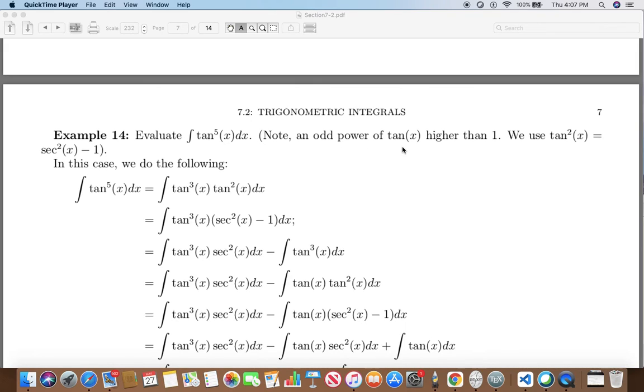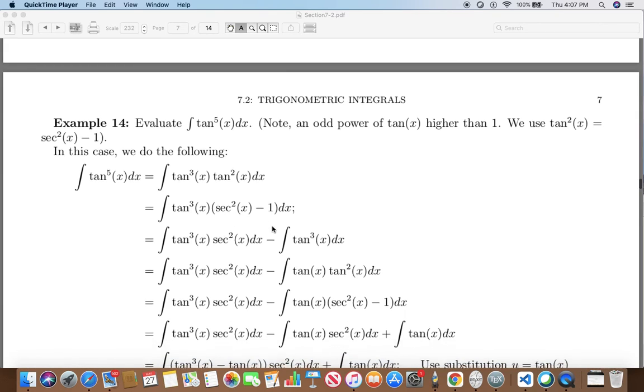Now I have only tan power 5. So this is an odd power of tan greater than 1. So now you are going to use the fact that tan squared is secant squared minus 1. How? Well, tan to the power 5, I'm splitting them as tan squared and tan cubed. Tan cubed, tan squared is secant squared minus 1. Aha.